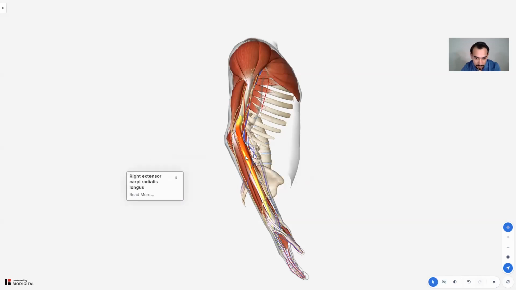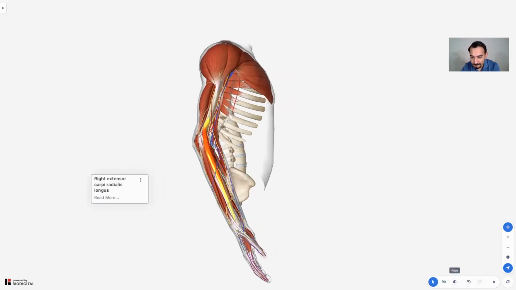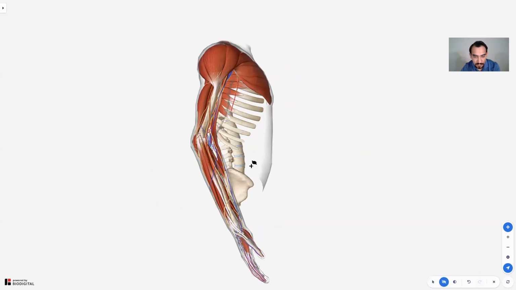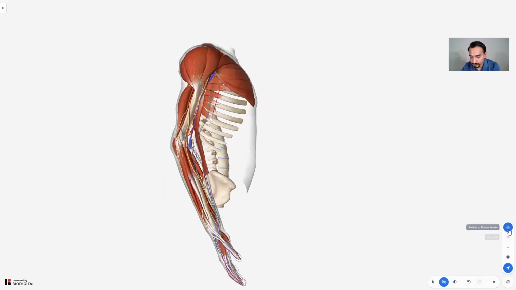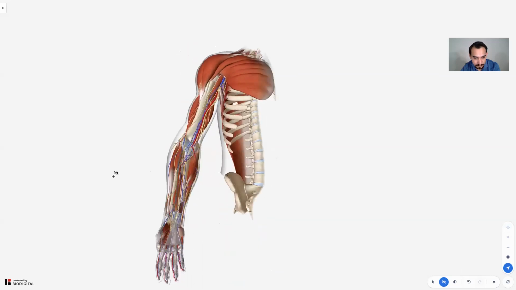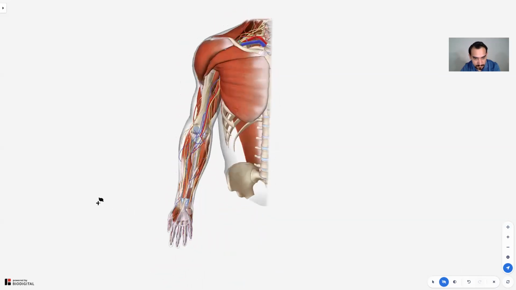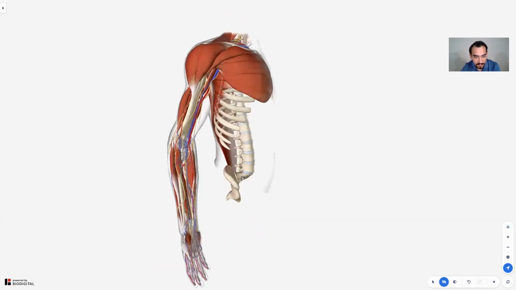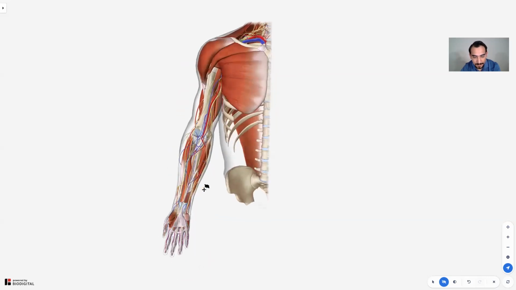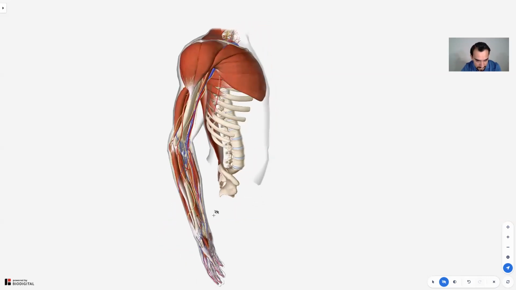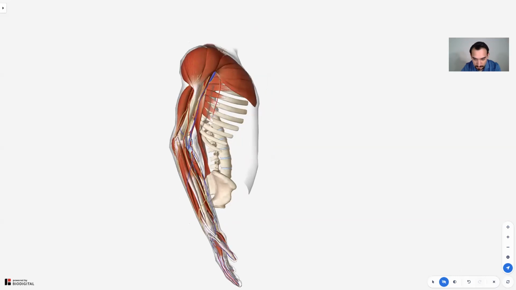Oops, not that one. Hold on. Remove that. I think I removed that brachioradialis. Yeah, it inserts over here, but let me bring it back.